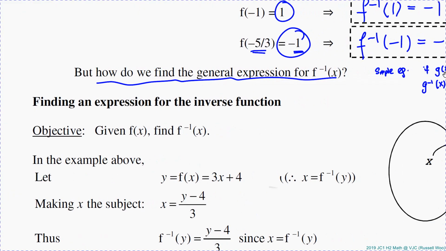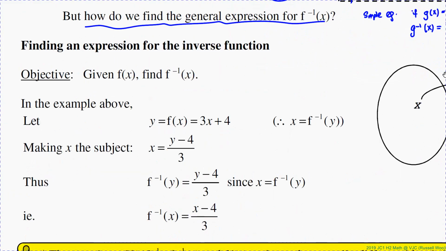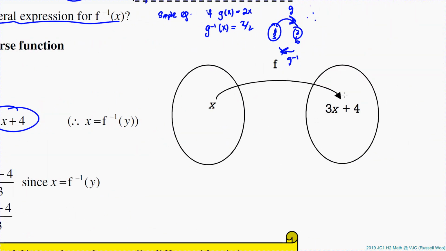But what if you have a little bit more complicated expression, f of x equals 3x plus 4? The idea is this. I let this be y. Now, we know the rule. I put x in, my output is 3x plus 4. That means if I put 1 in, I'll get 7.